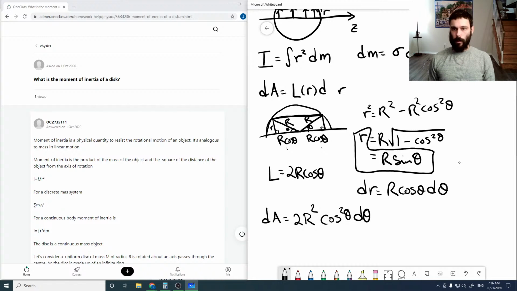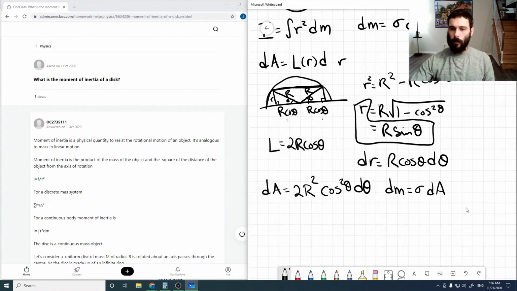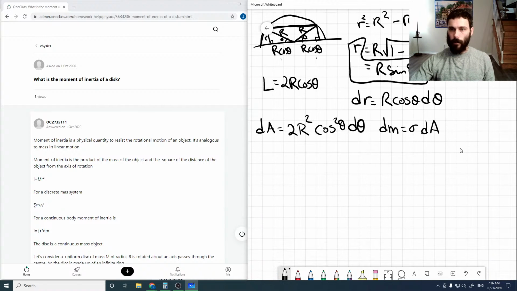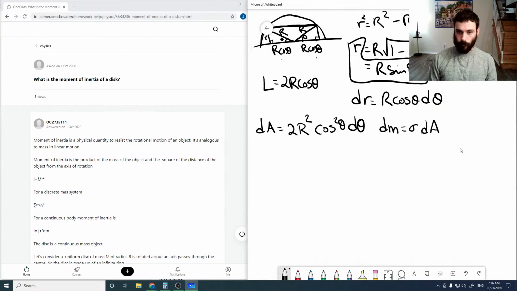And that means then that our dm is still just sigma dA. So we just multiply this expression by sigma. And now we're finally in a place to start our integral. I equals integral r squared dm, where now we just move everything over.